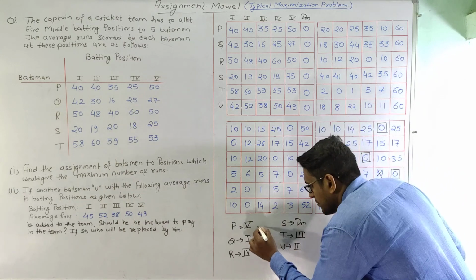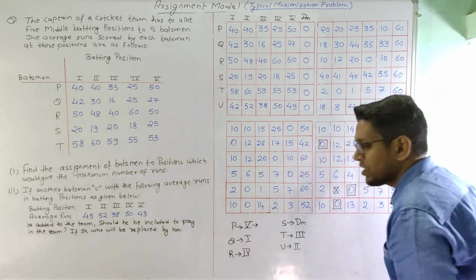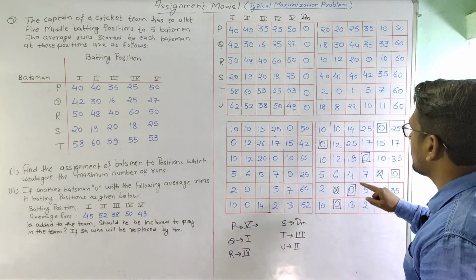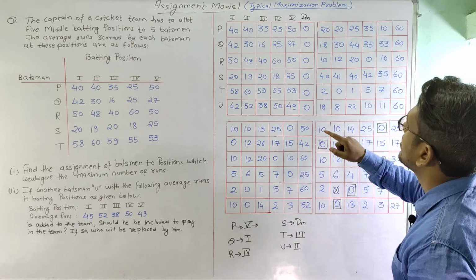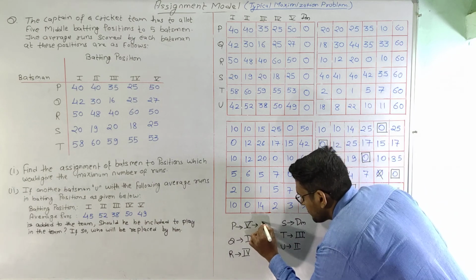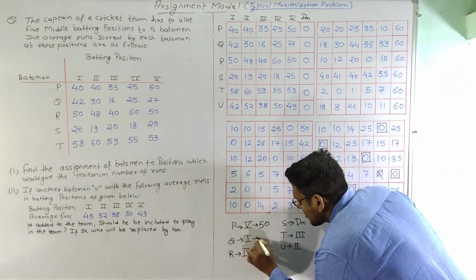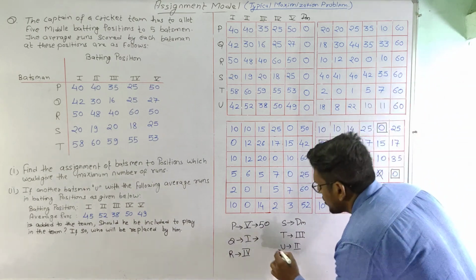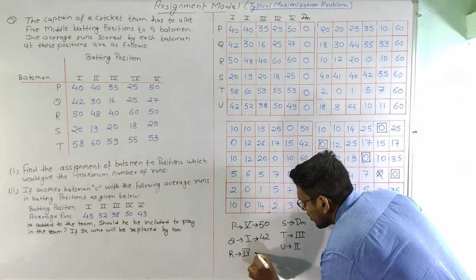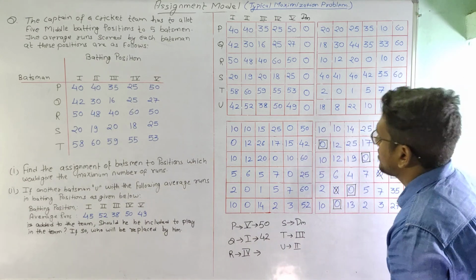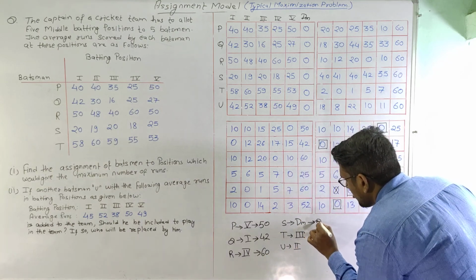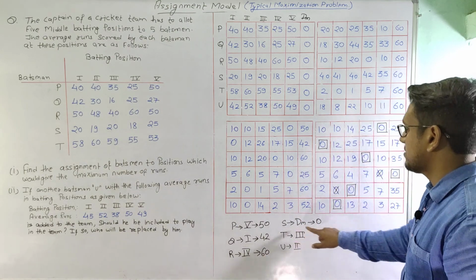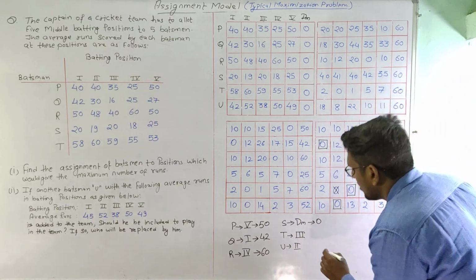So once this assignment has been made, we will see the total or the maximum runs that can be scored. So for P5 it is 50, similarly Q1 is 42, R4 is 60, this will be 0 because it is assigned in a dummy column.